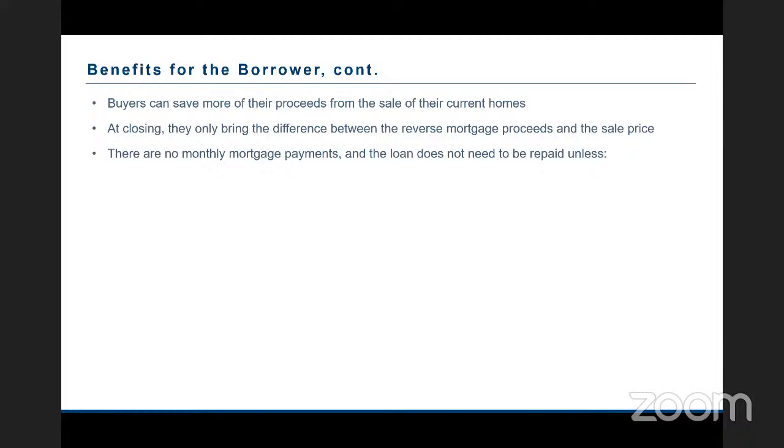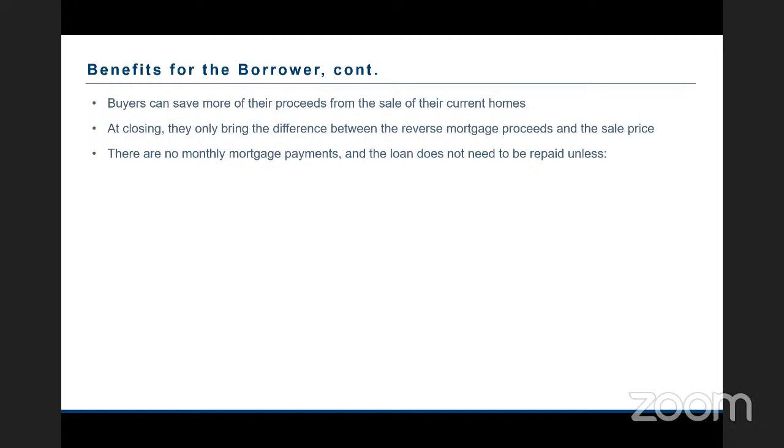Buyers can save more of their proceeds from the sale of their current homes. And that's typically the way we see a reverse for purchase structured, is that the buyers will sell their current home, the home that no longer meets their needs. We call that the departure residence. And then they will take the proceeds and apply that to the reverse for purchase.